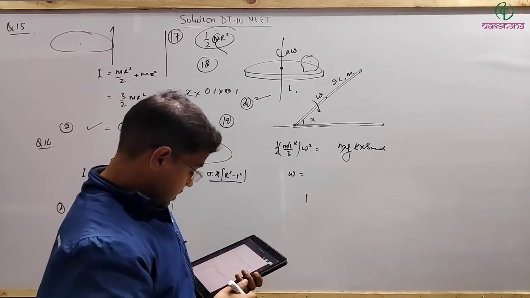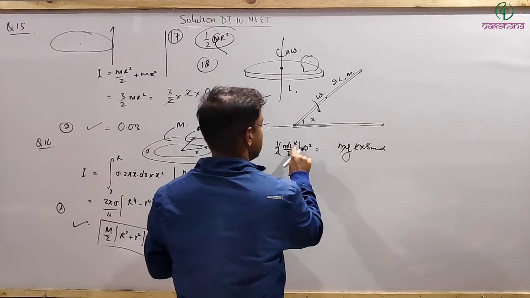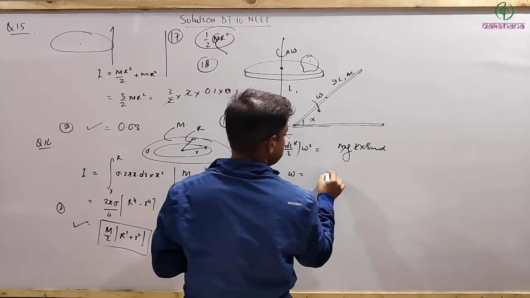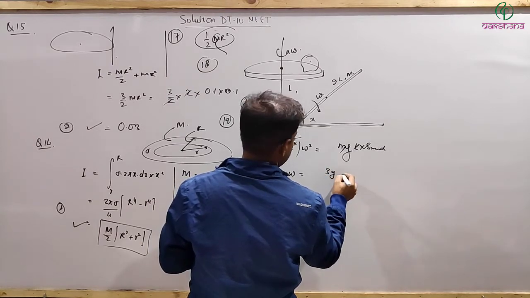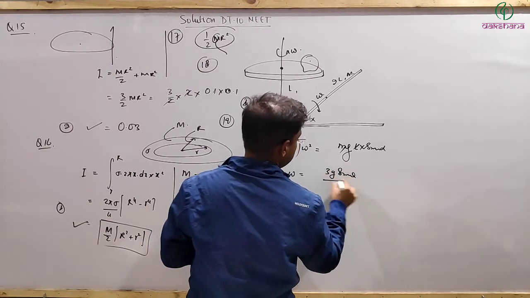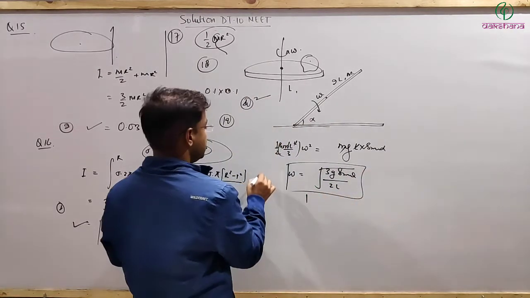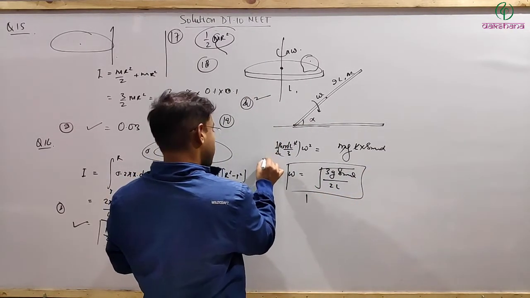Here the length of this rod is 2L, so it will be like 4 will be here, and then simplifying it, it comes out with root over 3g sine theta divided by 2L will be the angular velocity, that is matching with option number 1.